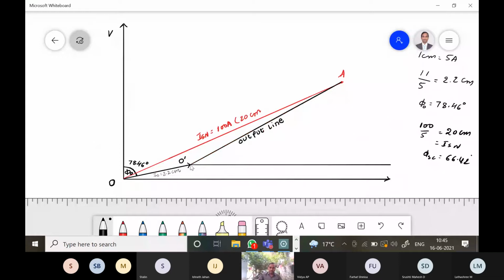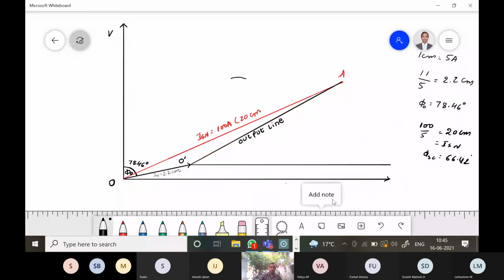Take O dash as a center and take more than half, using the compass, draw the arc. Similarly, take A as center and draw the arc.